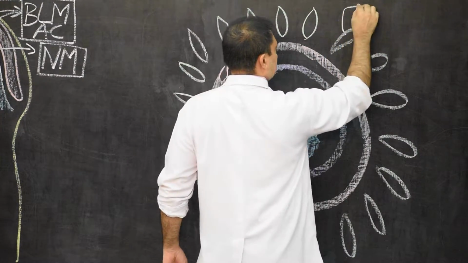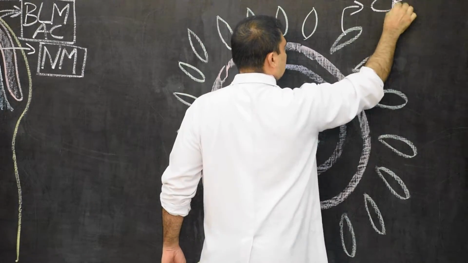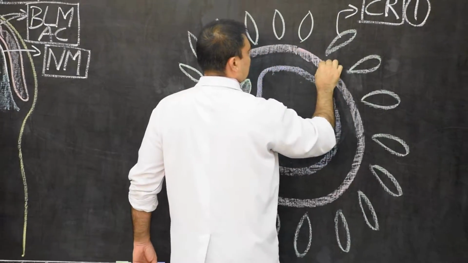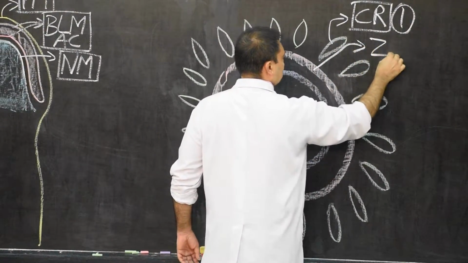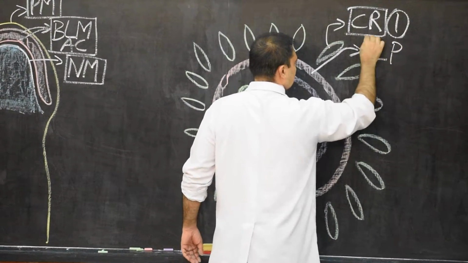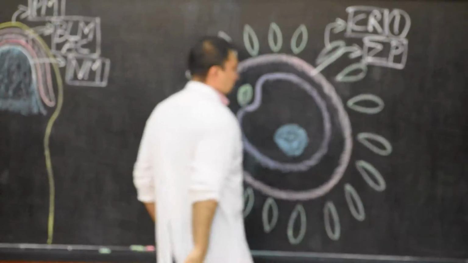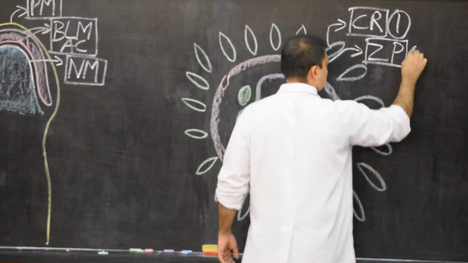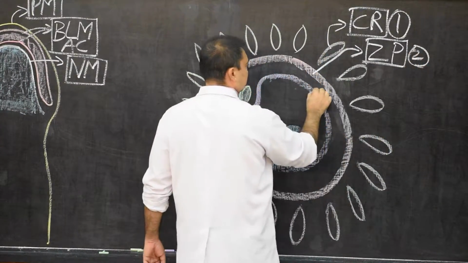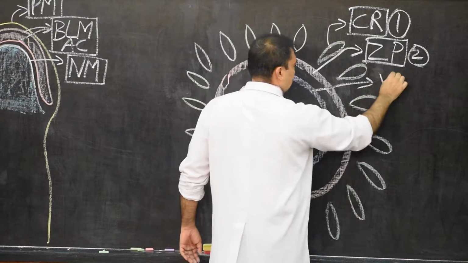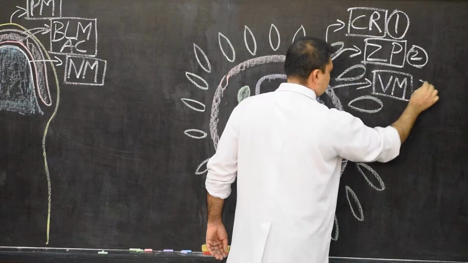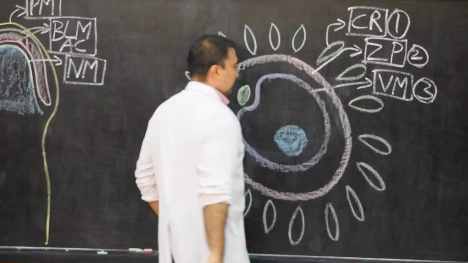The first structure, please mark the corona radiata and write it as structure number 1. Second structure, please mark the zona pellucida as structure number 2. Third structure, mark the vitelline membrane as structure number 3.